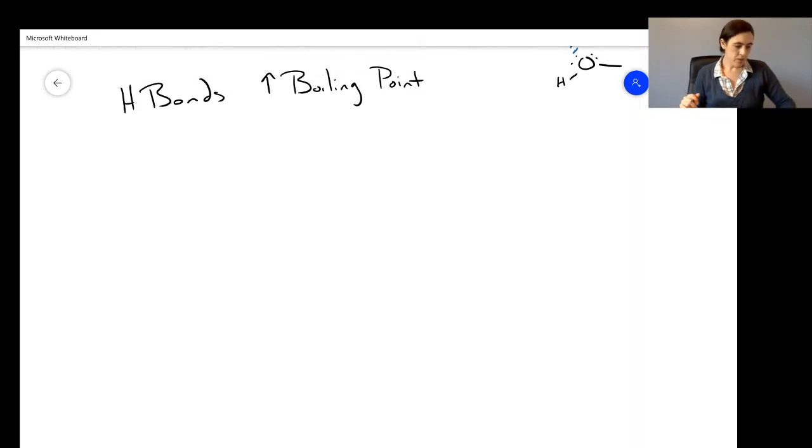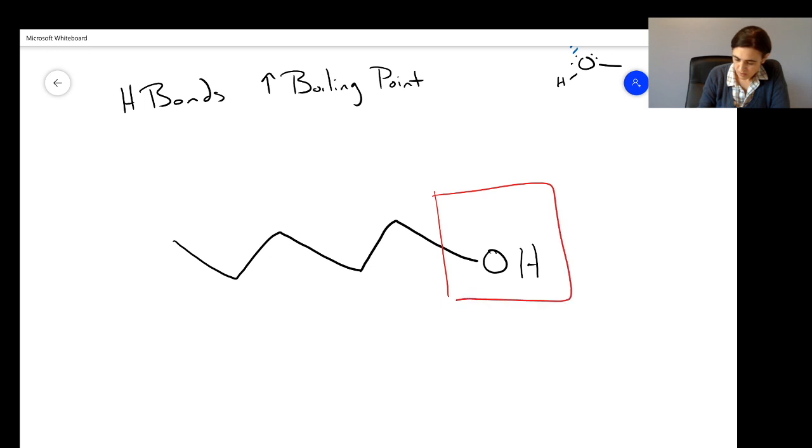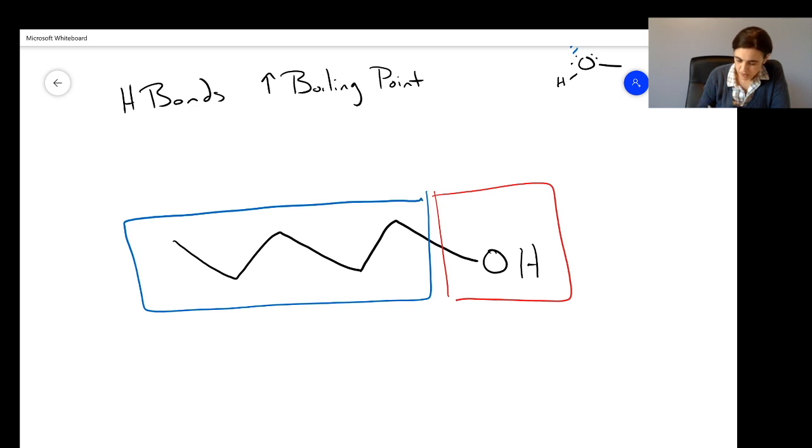All right, so the next thing we're going to do is talk about the two parts of an alcohol. This molecule can be divided into two parts. The alkyl part and the hydroxyl part.